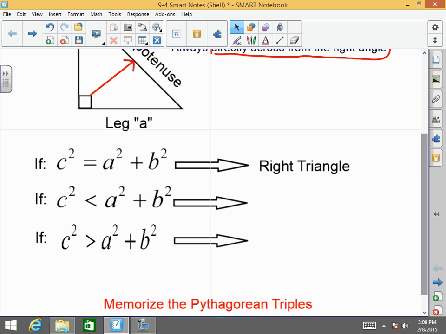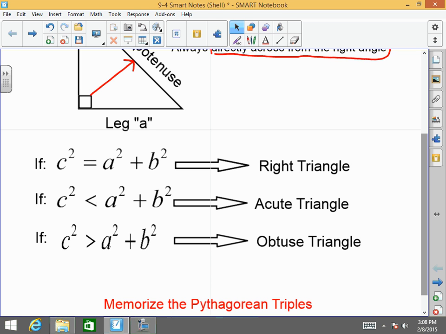However, if c squared is less than a squared plus b squared, you have what's called an acute triangle. And lastly, if c squared is greater than a squared plus b squared, you're going to have an obtuse triangle.